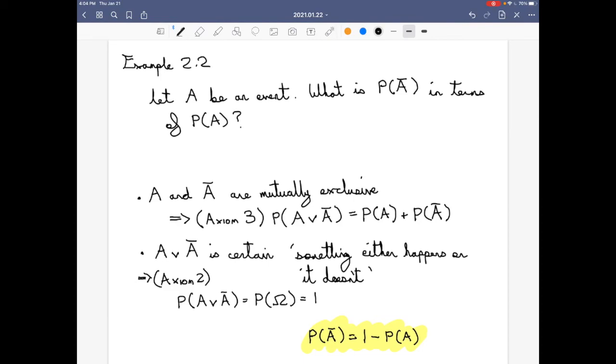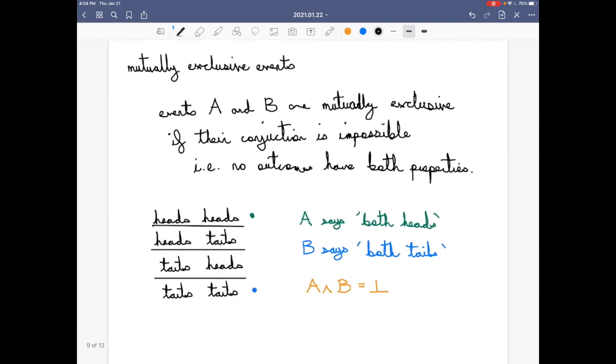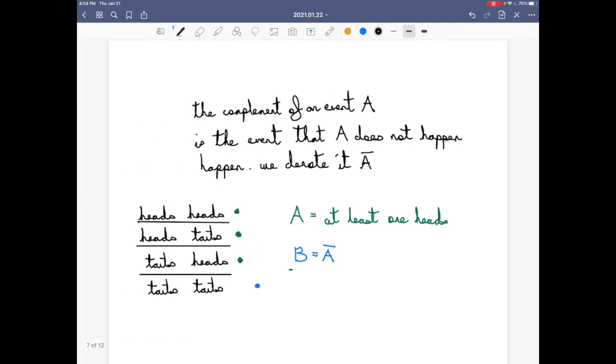And then the next thing we can observe is that the disjunction of A and A complement is certain. It's like, well, either something happens or it doesn't happen. Another way of saying that is that the disjunction of A and A complement is the entire sample space. If we want to see that at the data point level, we can look at the example we had in the definition of the word complement.